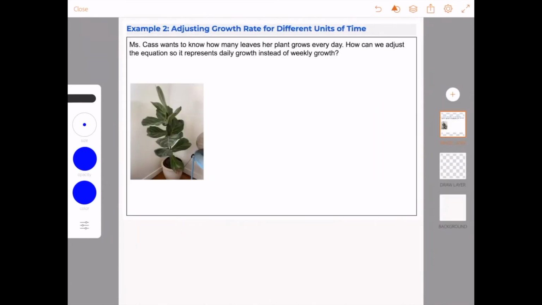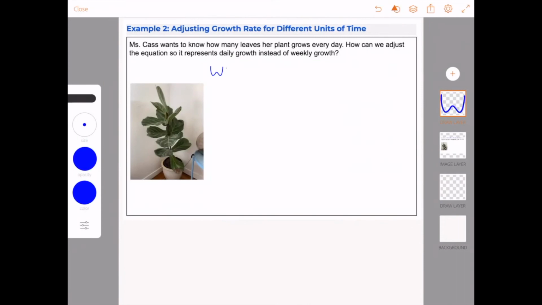Now I want to talk about adjusting the growth rate for different units of time. In the last example, we were talking about leaves growing at a weekly rate. And now I want to know how many leaves my plant grows every single day. So how can we adjust the equation so it represents daily growth instead of weekly growth? We know our equation for weekly growth, right? It's f of t equals 12 times 2 to the power of t.